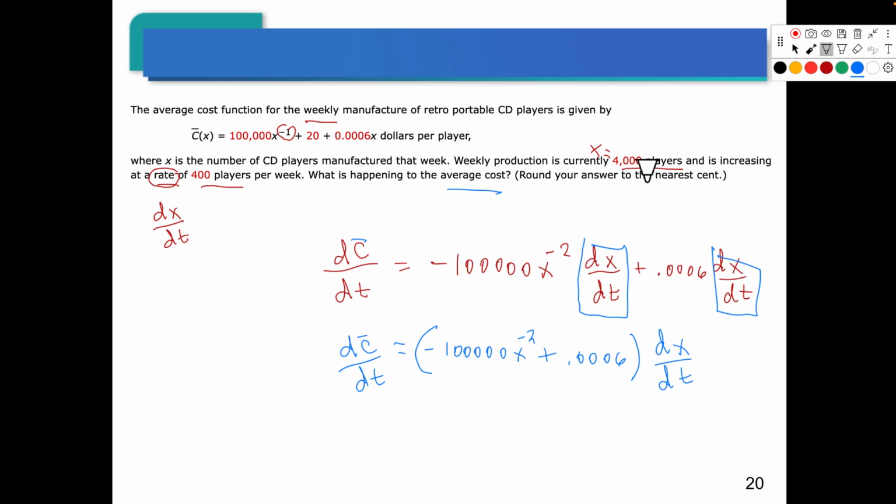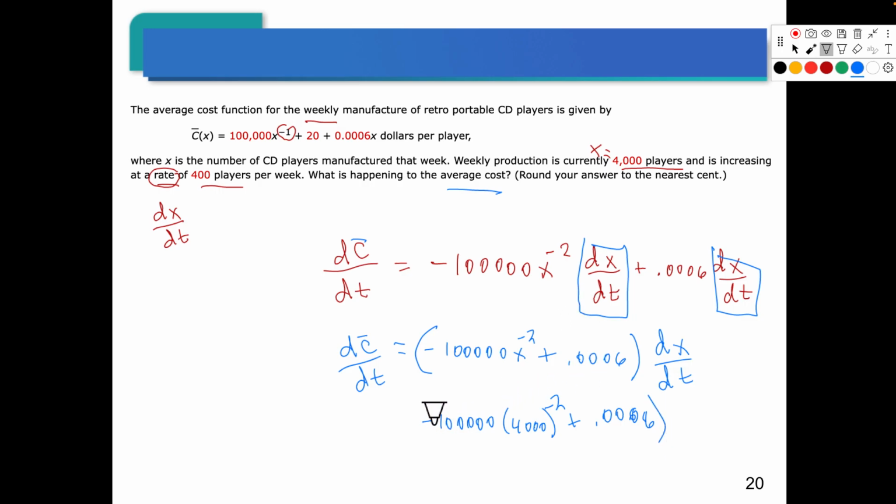So we know there's 4,000 players, that's an x, so this x becomes 4,000. So minus 100,000 times 4,000 to the minus 2, plus 0.0006, which might not seem important, but maybe it is.